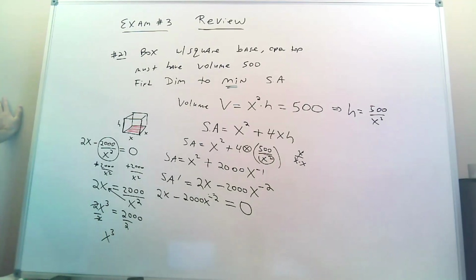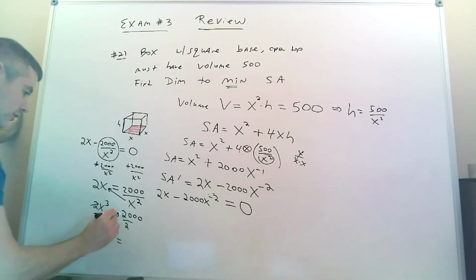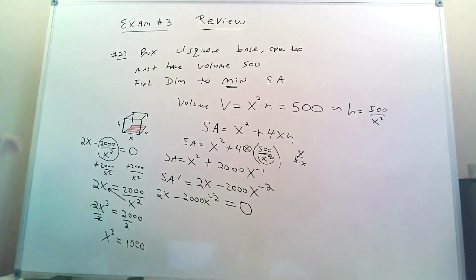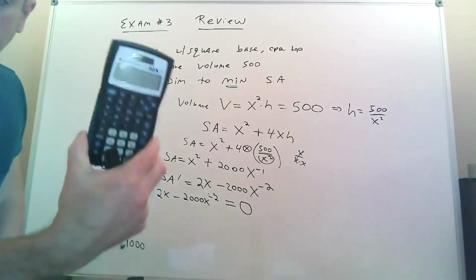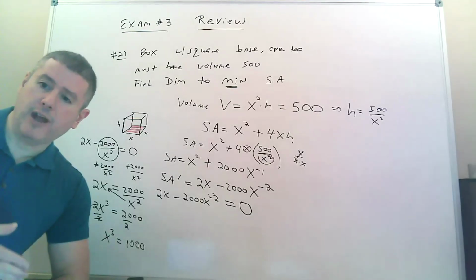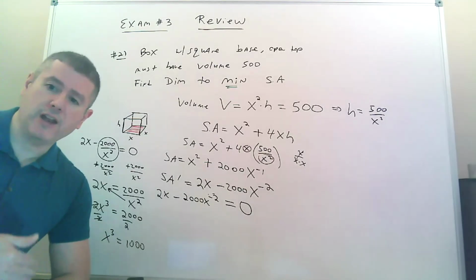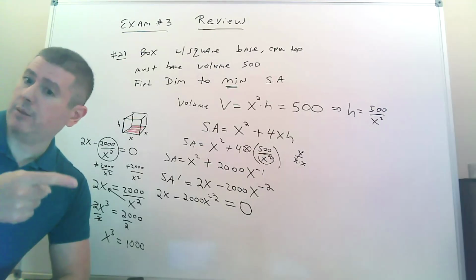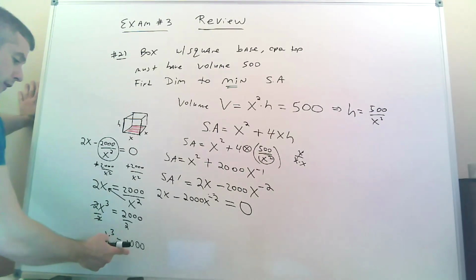So you get x cubed equals 2,000 cut in half, divided by 2, is 1,000. Now, if you absolutely have to, you could just come and ask me what the cube root is. But look, 10 times 10 is 100. 100 times 10 is 1,000. So 10 cubed. What does 10 cubed mean? 10 times 10 times 10. I have to give you a perfect cube here.